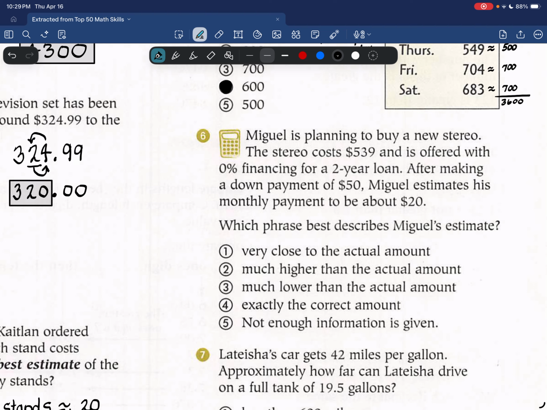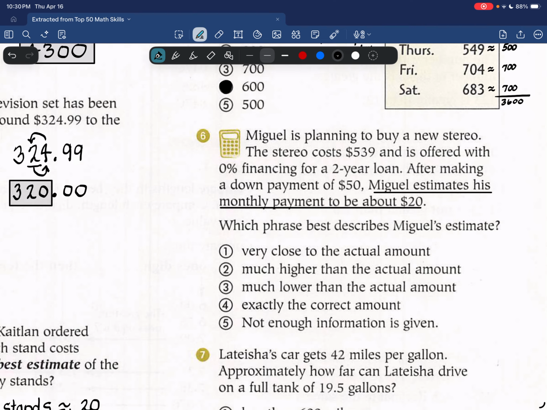Well, this problem to me has a little bit of a twist. They are not asking me to estimate. Miguel has already done that. He estimates his monthly payment to be about $20.